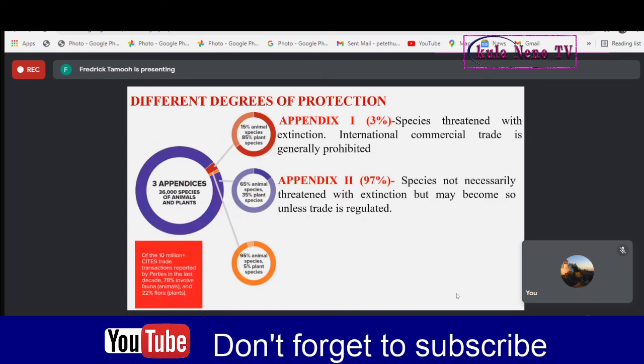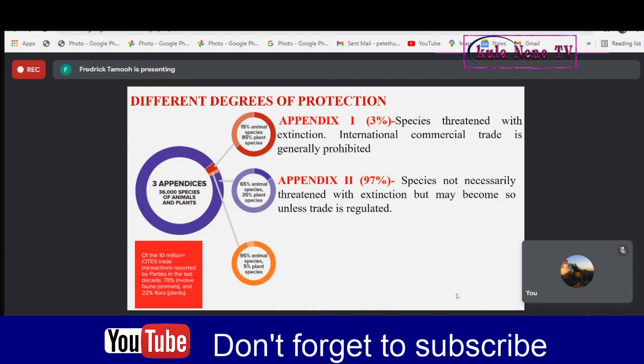For example, when you go for these COP meetings and look at a species such as elephants, there are countries that trade in ivory. Most of these include African countries in southern Africa, such as South Africa, Zambia, and also Tanzania.